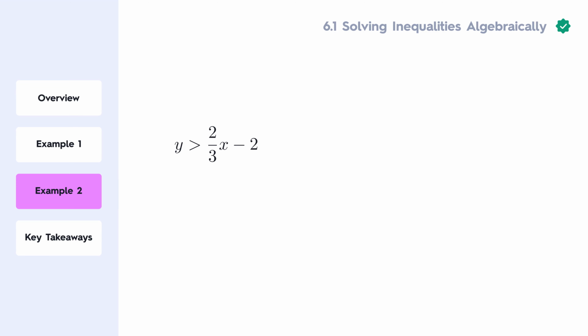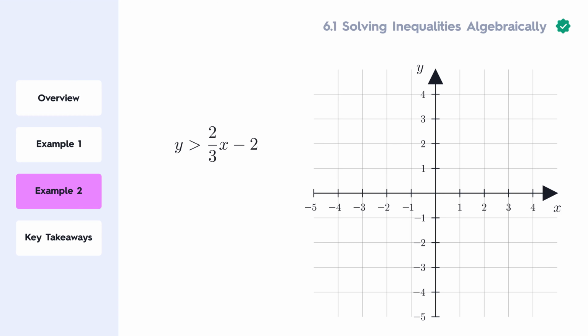Let's graph the boundary line given by y equals 2/3x minus 2. Since the inequality is strict, greater than, we'll use a dashed line, indicating points on the line are not included in the solution. Then, we'll shade the region above the line. The y-intercept is at 0, minus 2, so we'll place a point there.